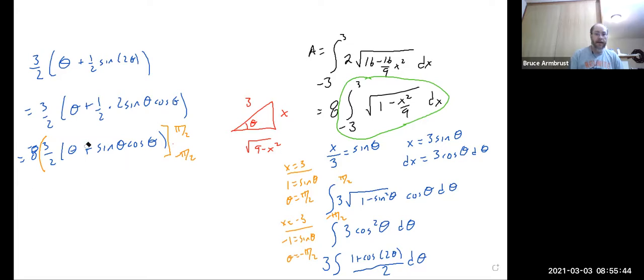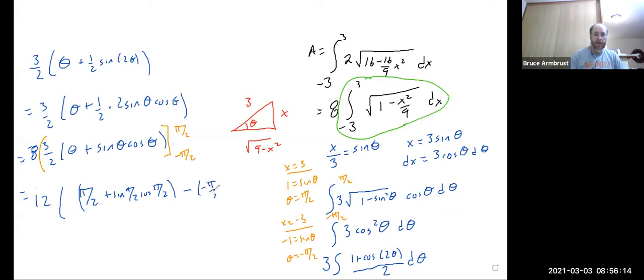And instead, this would have been 8 times 3/2, again, that's 12, times pi over 2 plus sine of pi over 2 cosine of pi over 2, minus, oh, whoops. Hold on a second. Premature parentheses there.